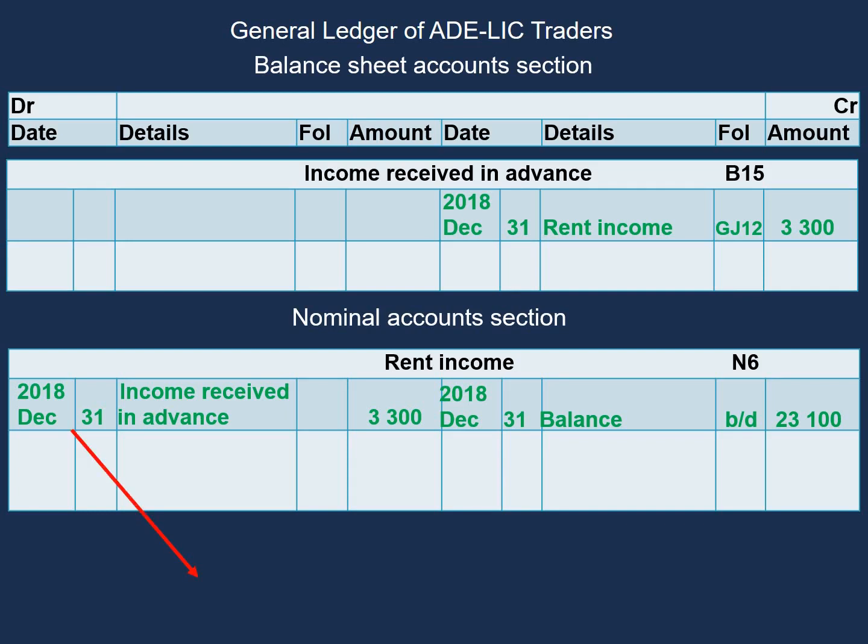Again, the date will be the end of our financial period, and the 23,100 we will get in our trial balance, because our rent income has a balance of $23,100 on the credit side. And this will complete our double entry process.